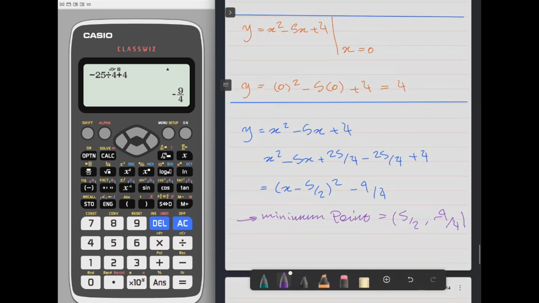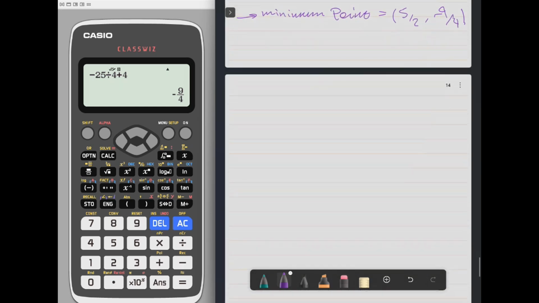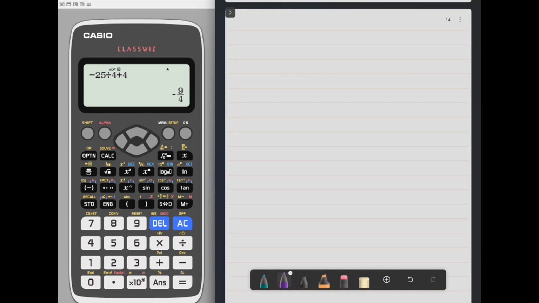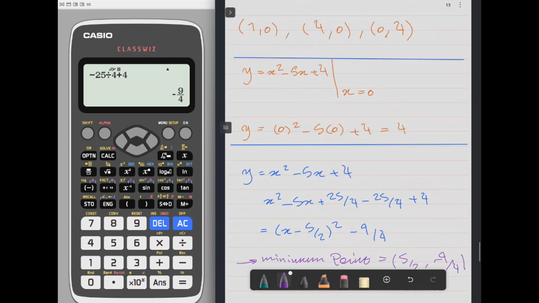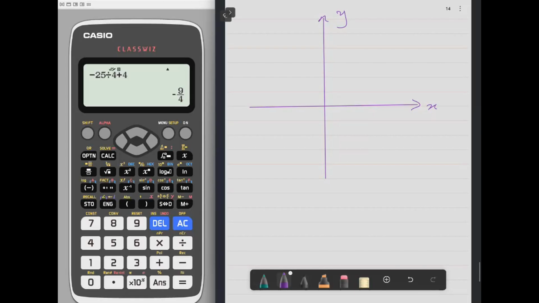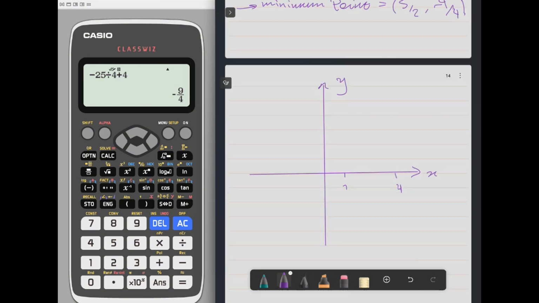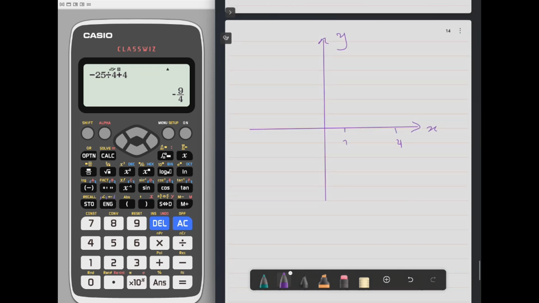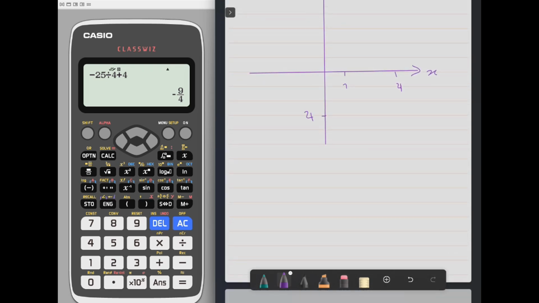So I'm gonna sketch all of these on one axis. So this is going to be my y-axis, this is going to be my x-axis. And so I have to see which points we had. 1 and 0, okay. So here 1, here 4. Then I had 0 and 4. So I had a 4 here as well.